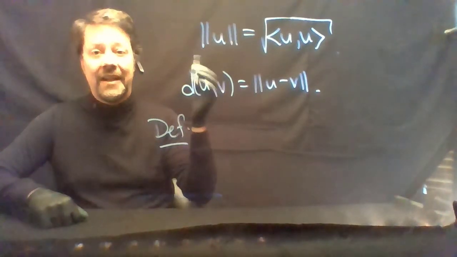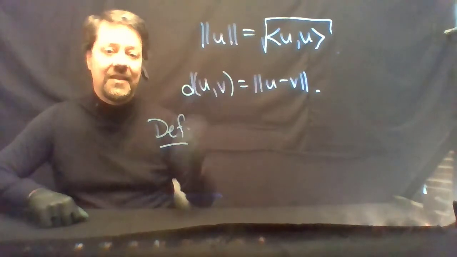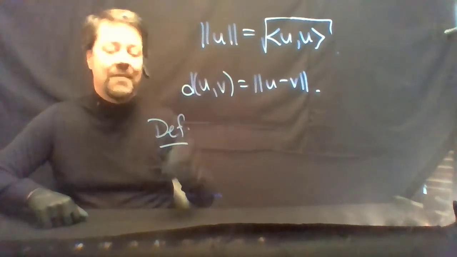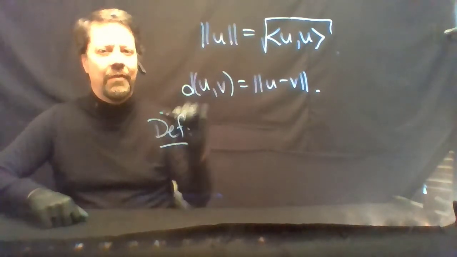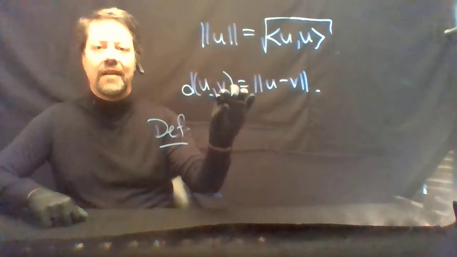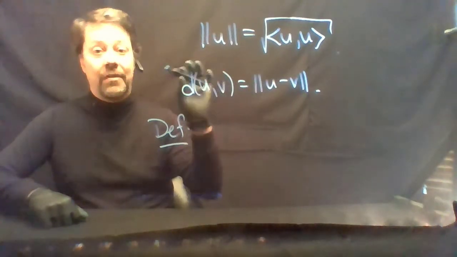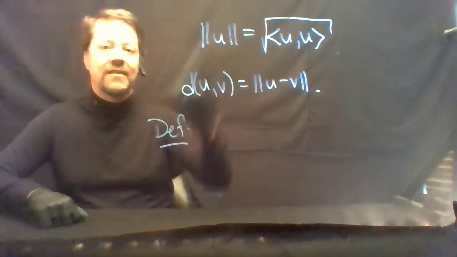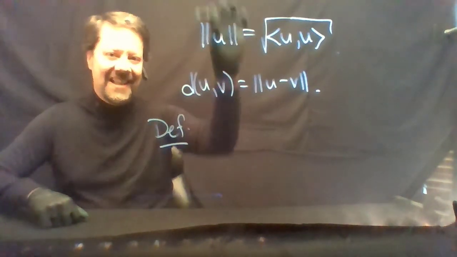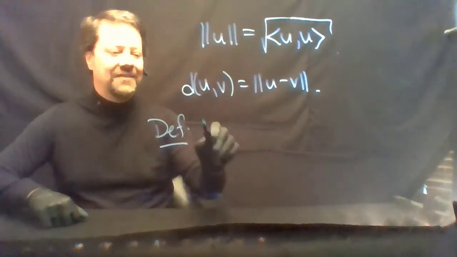Notice that every inner product space is a normed linear space, and every normed linear space is a metric space. The reverse is not necessarily true. There are metrics that do not come from a norm, and there are norms that do not come from an inner product. But we're taking the easy route, starting with an inner product.